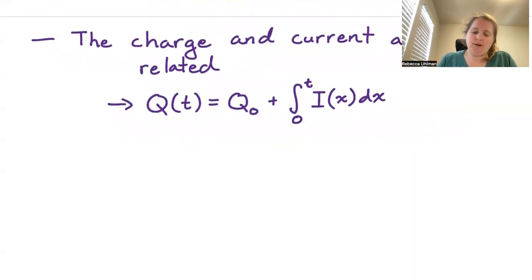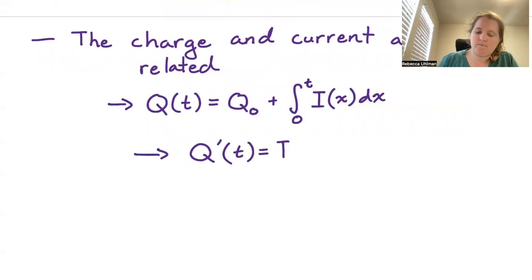What this means then is similarly, we get that Q prime of t is just I of t. So we have a relationship between the charge and the current.